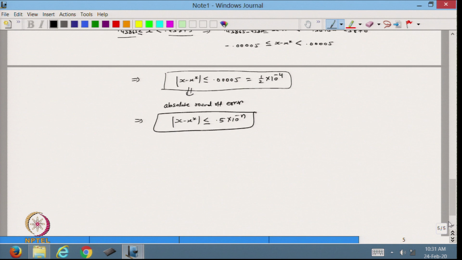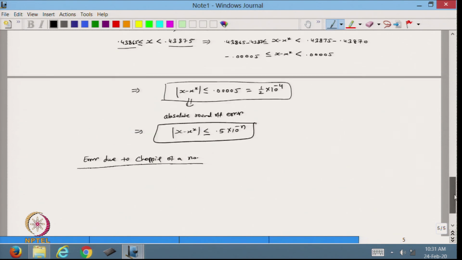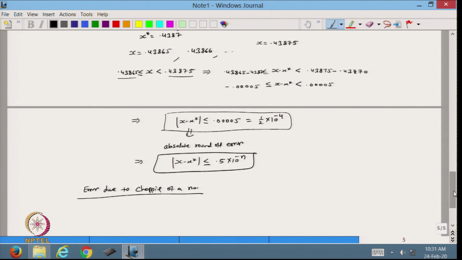Now, what about the error due to chopping of a number? In the chopping of a number, we are not rounding.